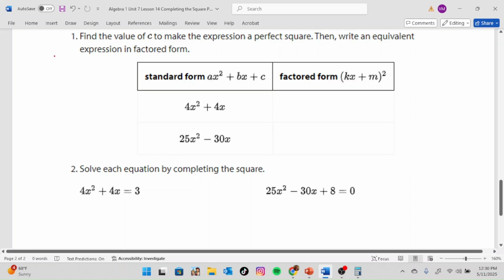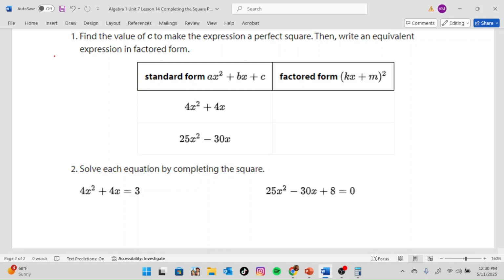Practice problem number 4 is our last practice problem for this lesson. Number 1 is just like the previous practice problem. They're giving us ax squared and bx. They want us to find the missing c term, and then they want us to write it in factored form. So a couple of notes.